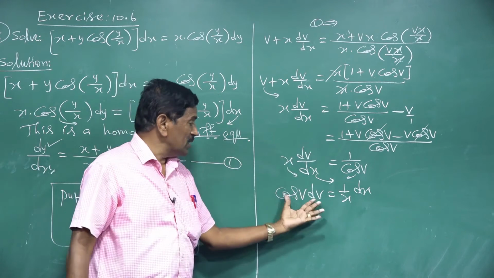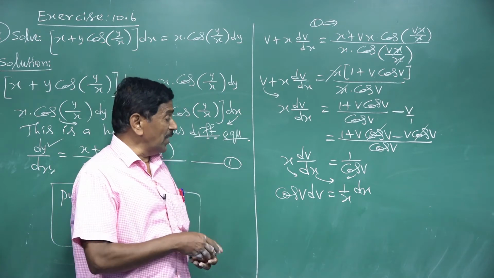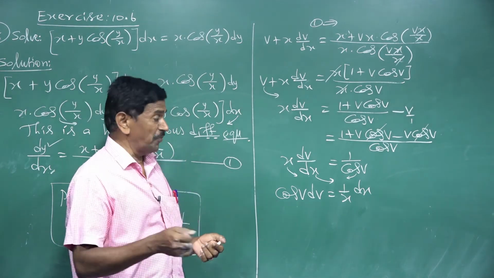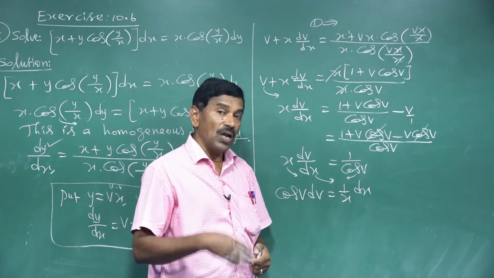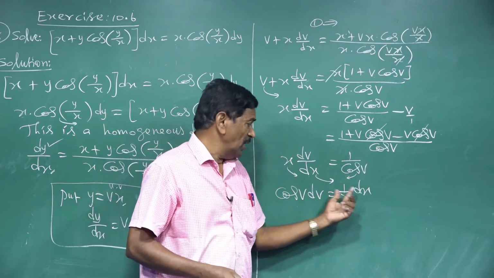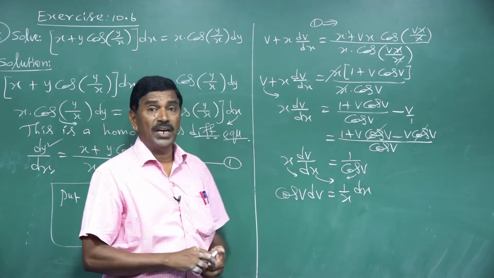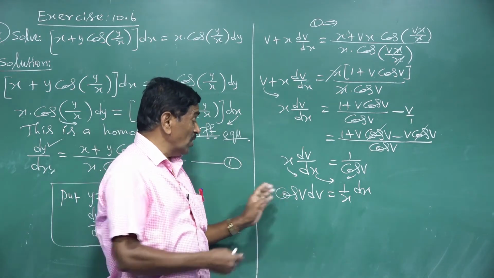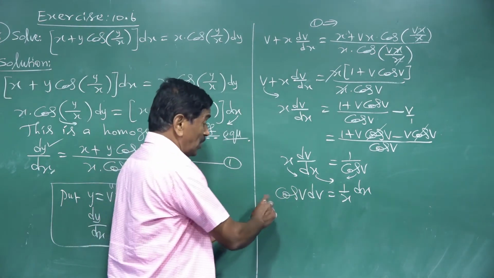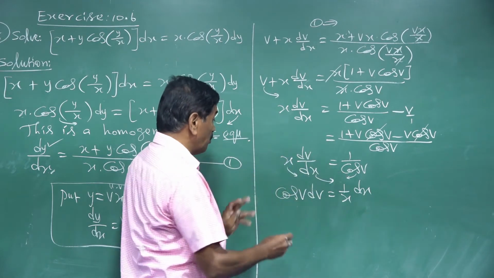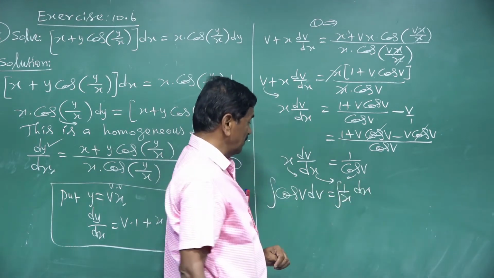Now this step is variables separated: the v family on one side and the x family on the other. Now I want to integrate. Before integrating, I want to verify whether the integration formulas are available. In the RHS, the integral of 1 by x dx is log x, so the right hand side formula is available. In the LHS, the integral of cos v into dv is sin v, so that formula is also available. Therefore, integrating on both sides, the integral of cos v into dv is equal to the integral of 1 by x into dx.